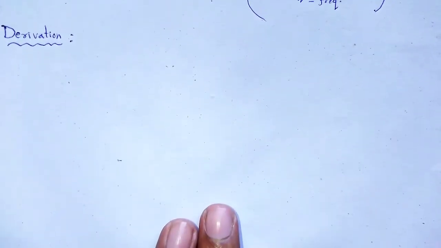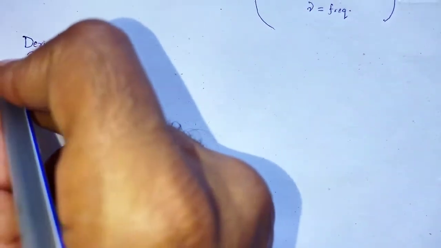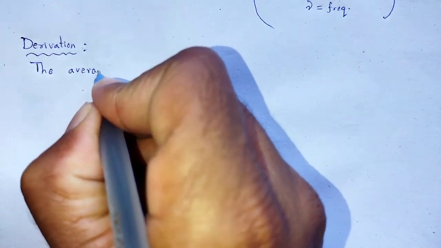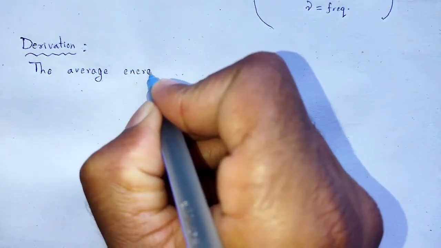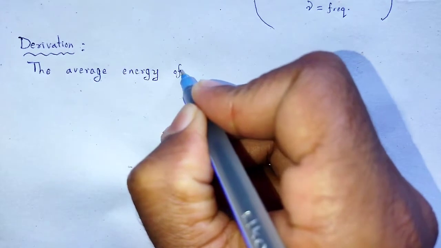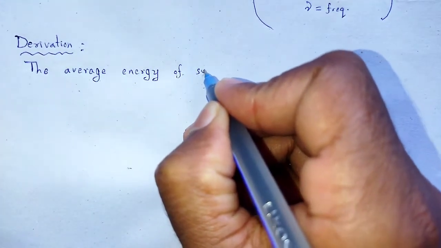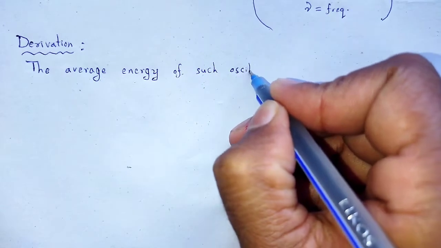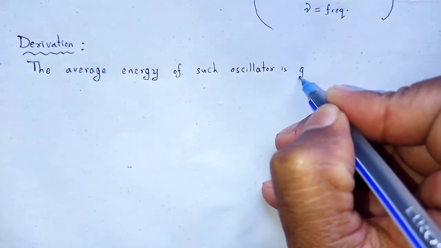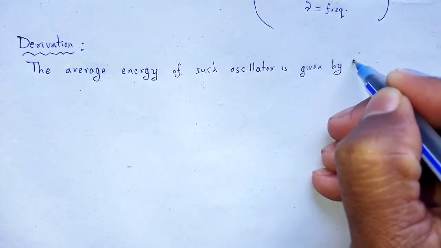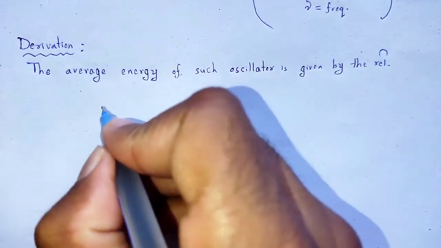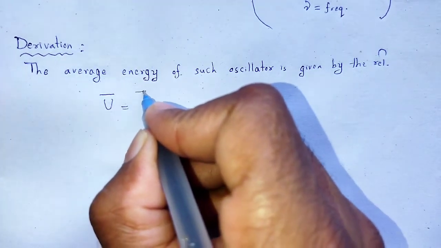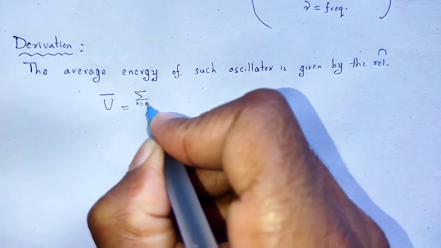Derivation. The average energy of such an oscillator, in the sense of a Planck oscillator, which is a quantum oscillator, is given by the relation U bar, the average energy, is equal to the summation over n from 0 to infinity of U_n e to the power minus U_n by kBT, divided by the summation over n from 0 to infinity of e to the power minus U_n by kBT.